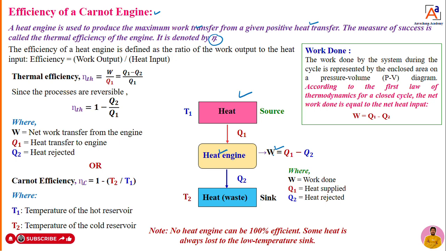Then how much work is done with the supplied heat? He measured it with the help of a parameter, which he called thermal efficiency, and it is represented by eta.